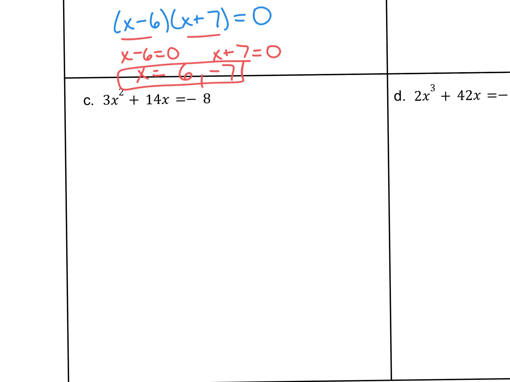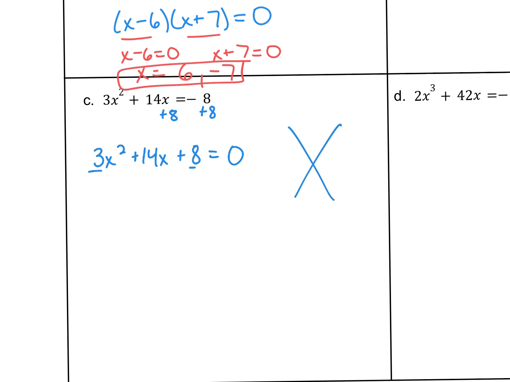Awesome, okay? Everything's not on one side, so I'm going to add this 8 over. 3x squared plus 14x plus 8 equals 0. Okay. Ask ourselves, do all 3 of these terms have a GCF? They do not, okay? So we go ahead, count them up. It's 3 terms. We do the x method.